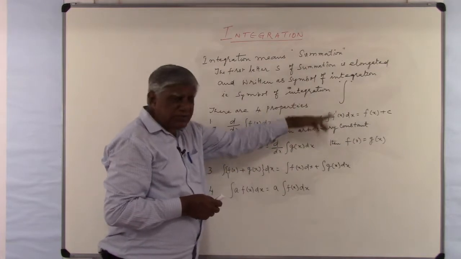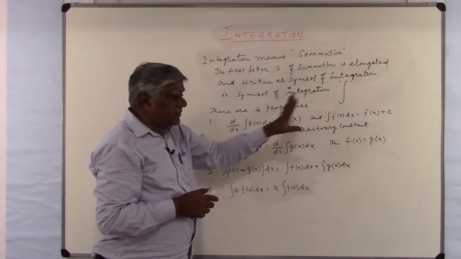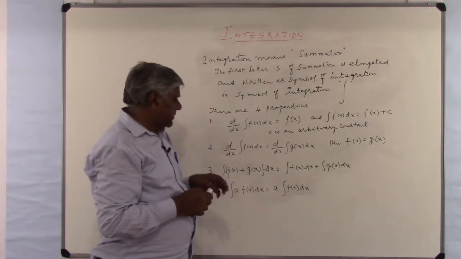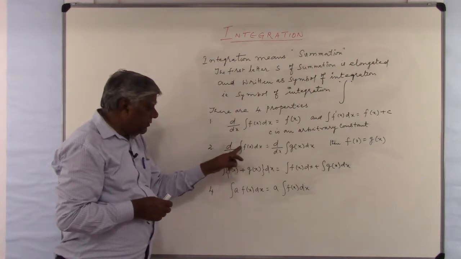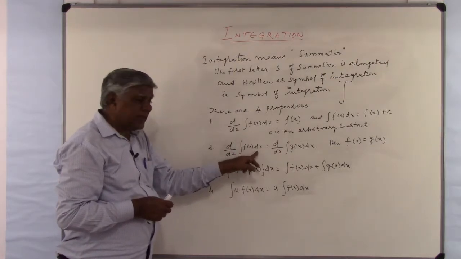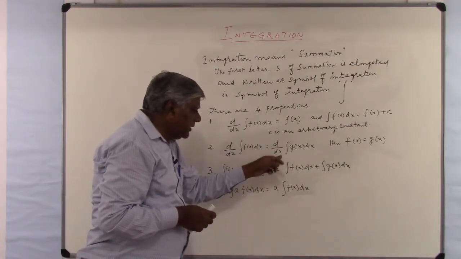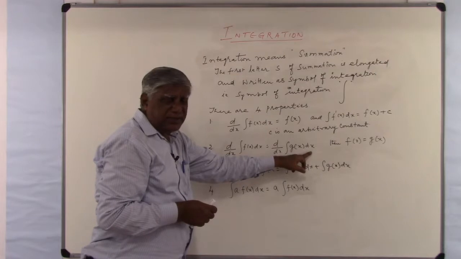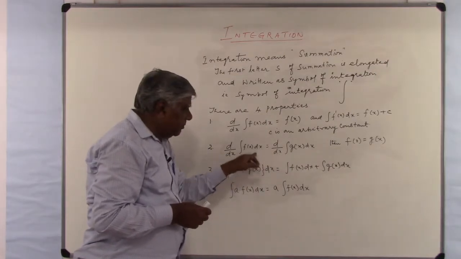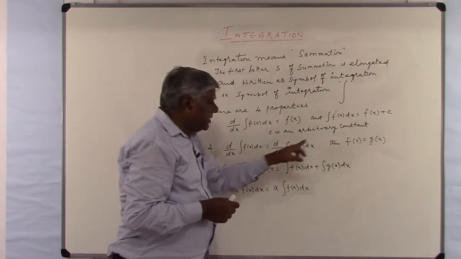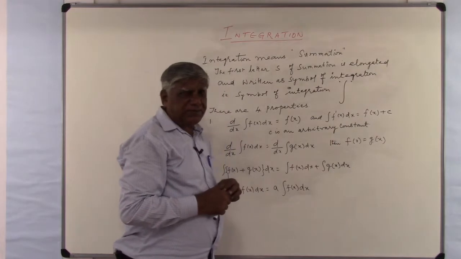We have to write always that c; the answer should accompany with c, that is the arbitrary constant. Second property: if the differential coefficient of integral f of x dx is equal to the differential coefficient of integral g of x dx, if both the integral processes are equal, then the function f of x is equal to the function g of x.